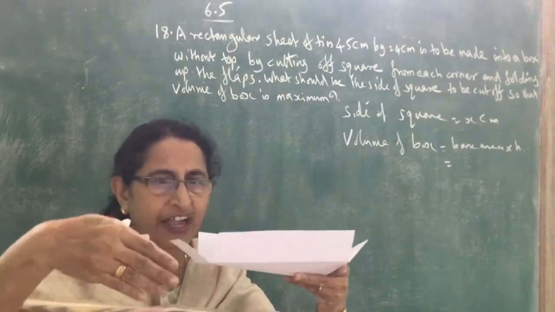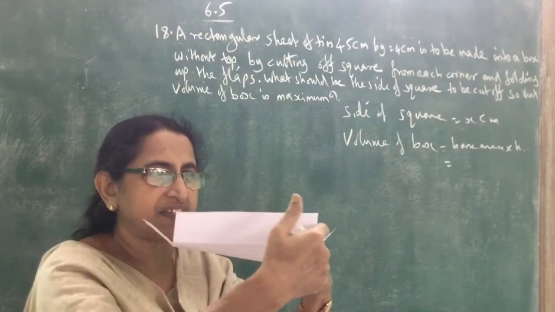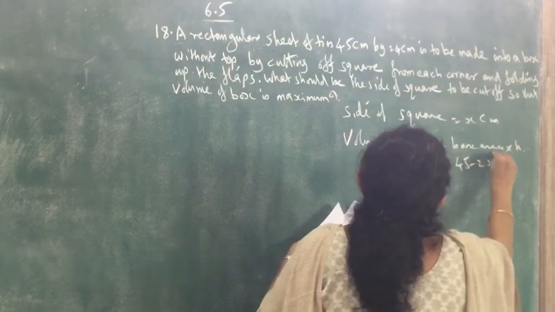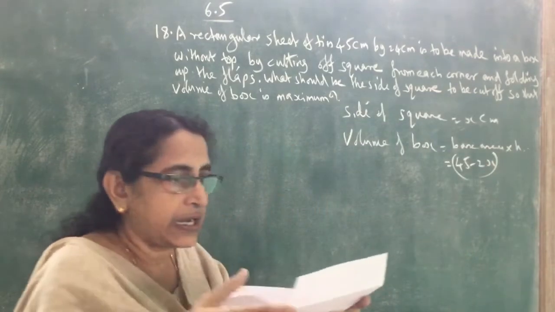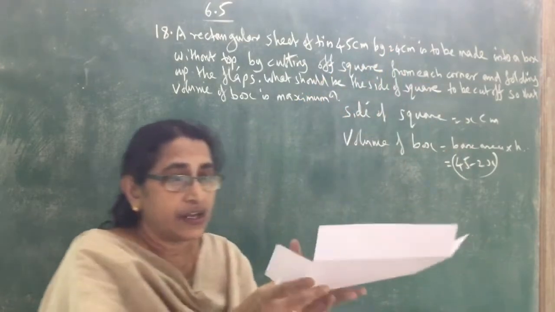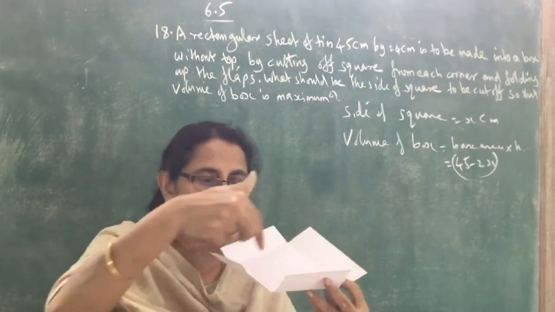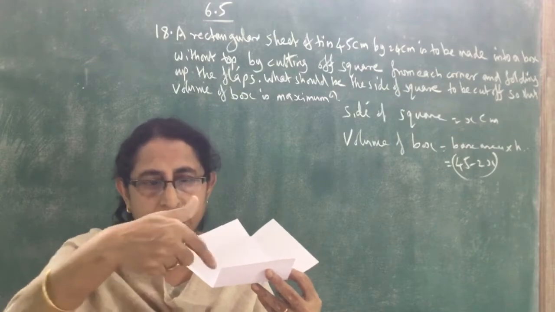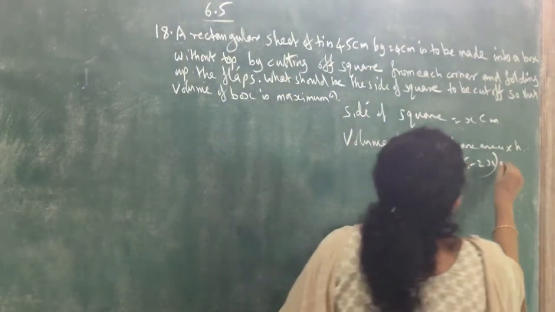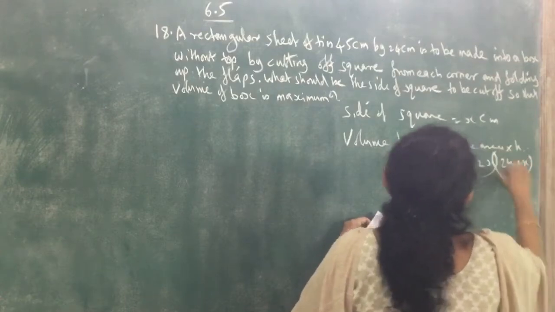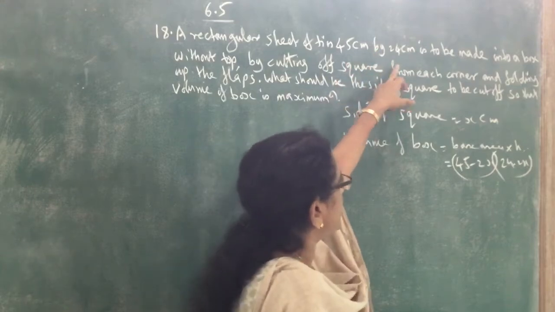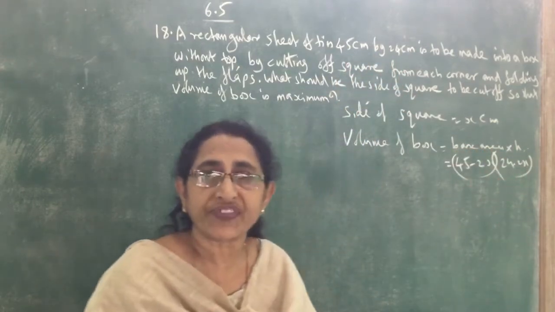That is 45 minus 2x into the breadth. Here the breadth is 24 centimeter, and from each side x centimeter should be removed, so 24 minus 2x. Length into breadth means (45 minus 2x) into (24 minus 2x). That is the base area of the box.